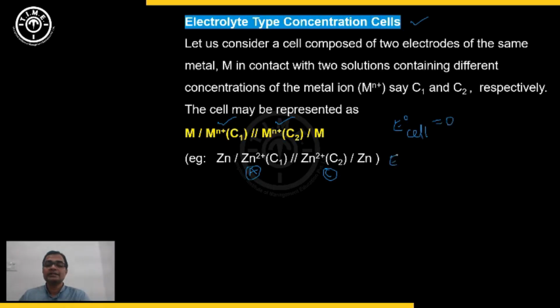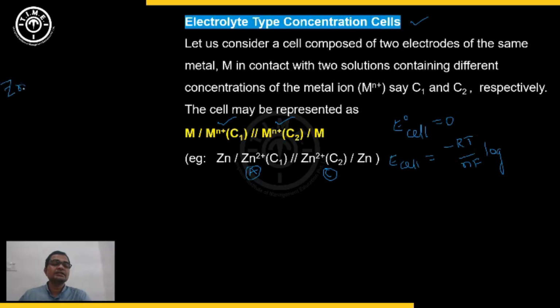Then E cell is equal to minus RT by nF log Q. What is Q here? Here concentrations you have to take. What is the cell reaction here?